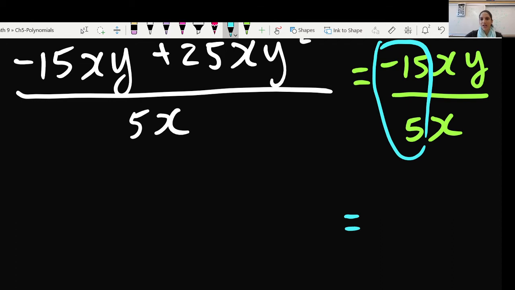So I look at this and think, okay, let's just deal with the coefficients. Negative 15 divided by 5, I know is negative 3. Then when I go to the variables, I'm going to look at these x's. If I have an x at the top and x at the bottom, that would be like saying 1 minus 1 for the exponent. So it's actually gone.